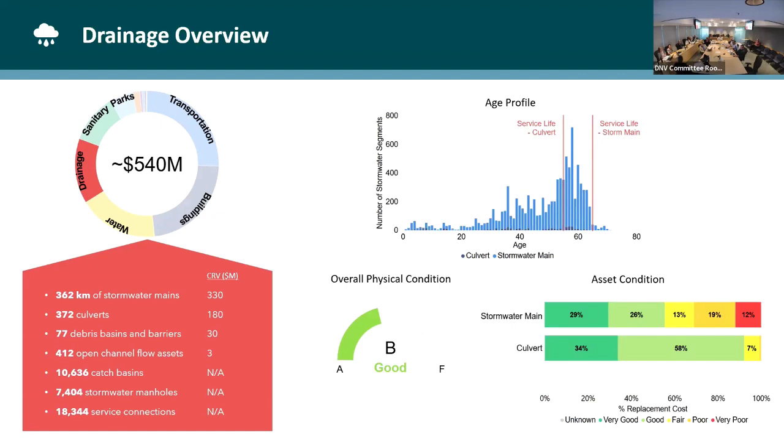We've been working through that 5 kilometers a year watermain replacement program. The need to do that will scale back, and we would like to transition to the sanitary network. The drainage network is similar, where we're going to see a need for a more proactive replacement program.